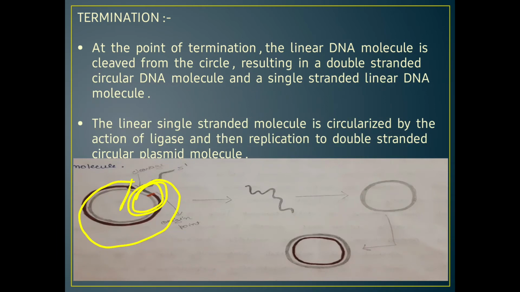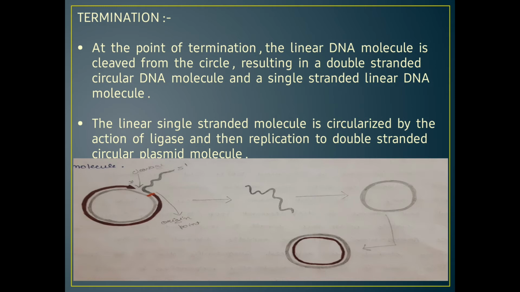First it was present here, and from there, after the elongation process, it moved to this place. So after completing it, it made two products: a double-stranded DNA circular molecule and a single-stranded DNA molecule.